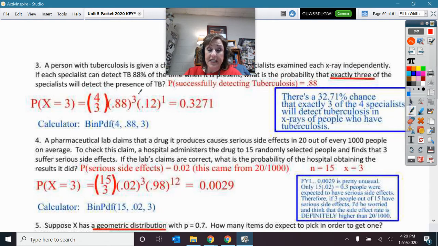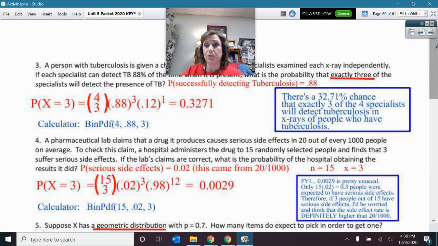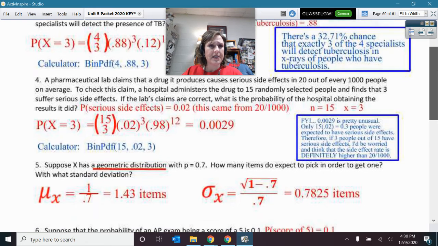And we want 3 of those successes, and that's 0.12, and there would be 1 of those. So this is a PDF because it's a particular number, exactly 3 successes out of the 4. N was 4. Okay, so there's our binomial probability there, 32.71% chance.